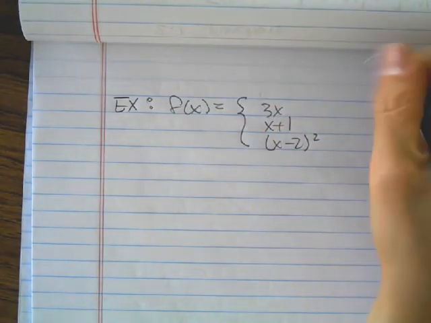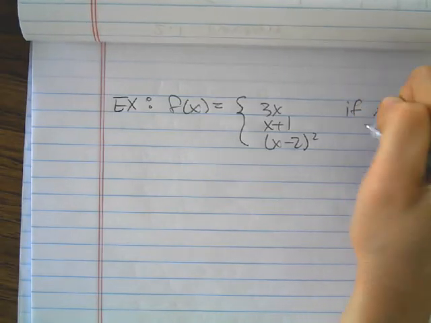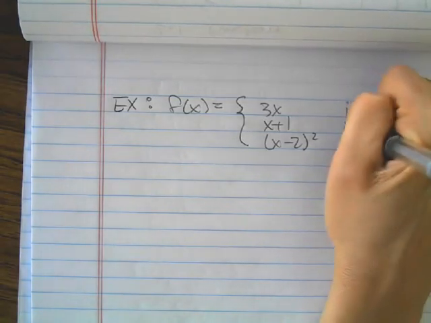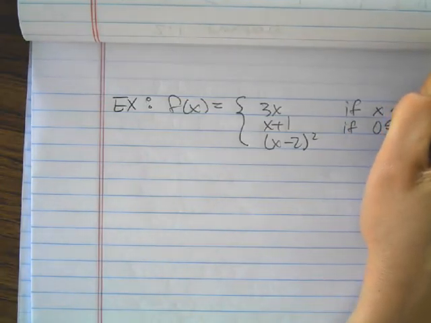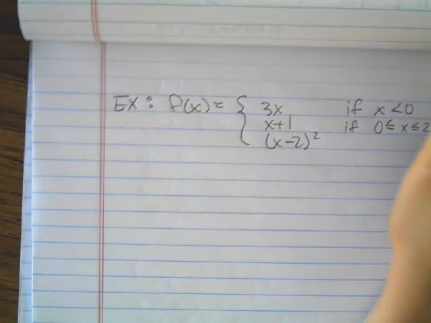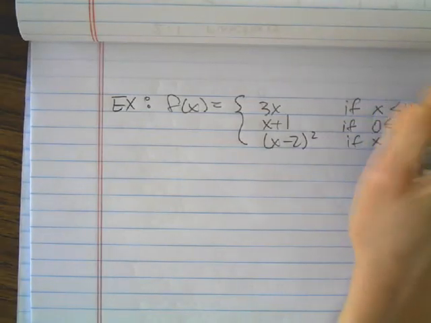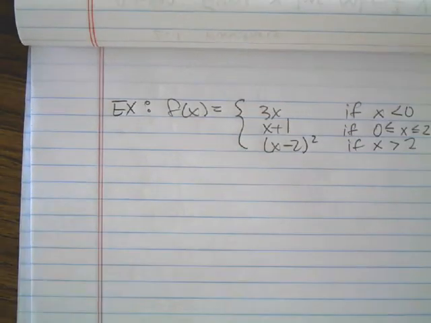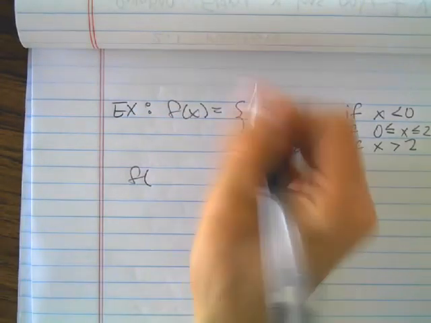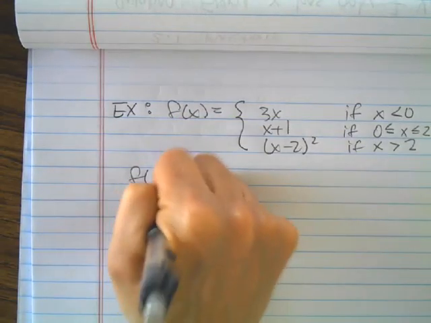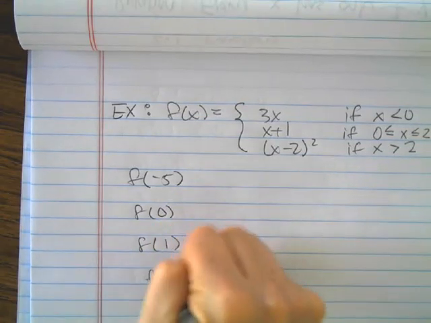It equals 3x if x is less than 0, x plus 1 if x is greater than or equal to 0 and less than or equal to 2, and x minus 2 squared if x is greater than 2. So let's try and sub in these values. We'll do f of -5, f of 0, f of 1, f of 2, and f of 5.